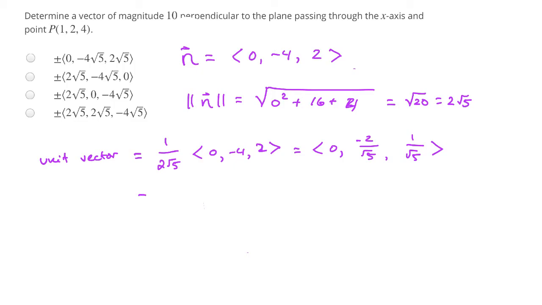If we rationalize the denominators, we have 0, negative 2 root 5 over 5, and root 5 over 5. Now, if we want this to have a magnitude of 10, we can scale it by a factor of 10 or negative 10.